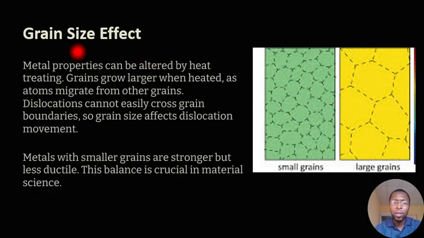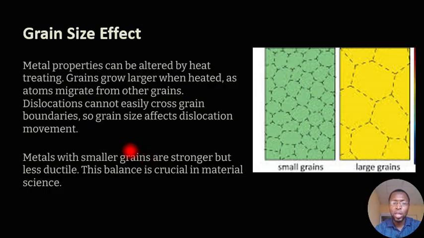Now we are talking about grain size effect. What is the effect of the size of grain in a metal on the melting or heating of the metal? It has been verified that when a metal has bigger grains like this and you subject it to heat, it can easily be bent.